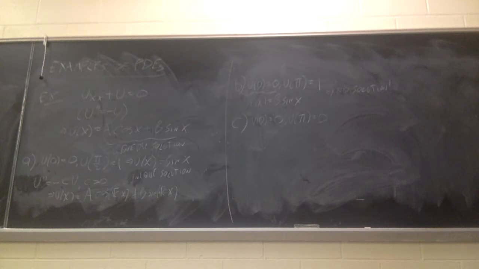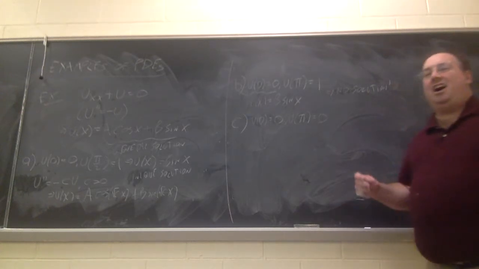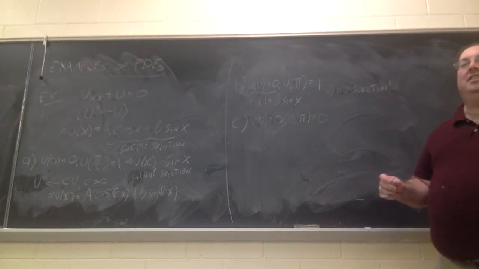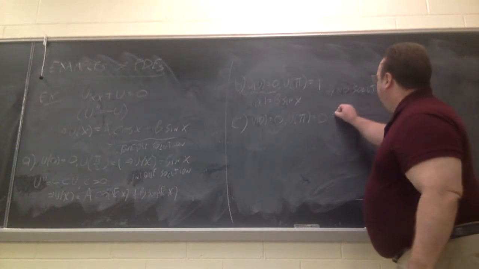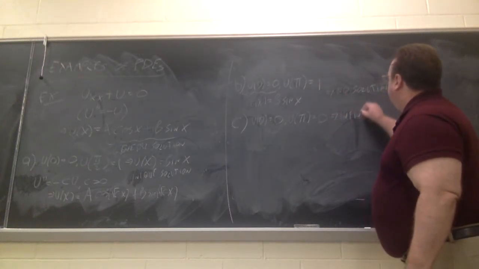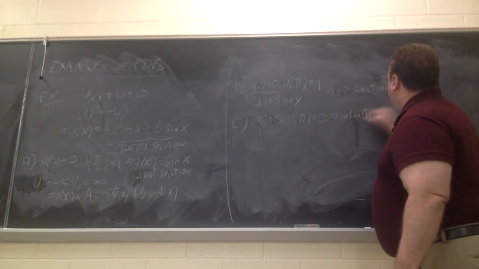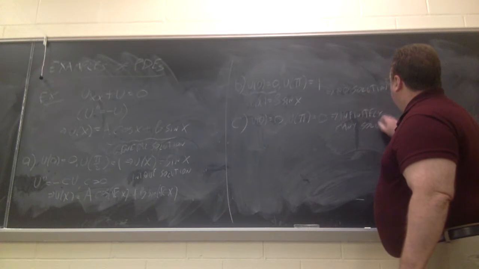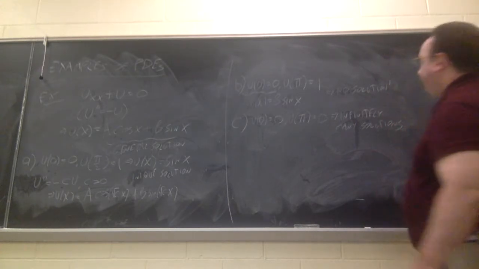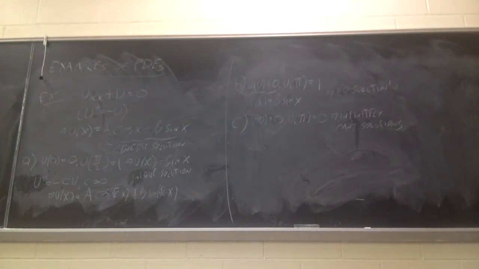So in what sense is it not well posed? What condition does it flunk? It's not unique. So a solution exists, but is not unique. There are infinitely many solutions. So that is still ill-posed.